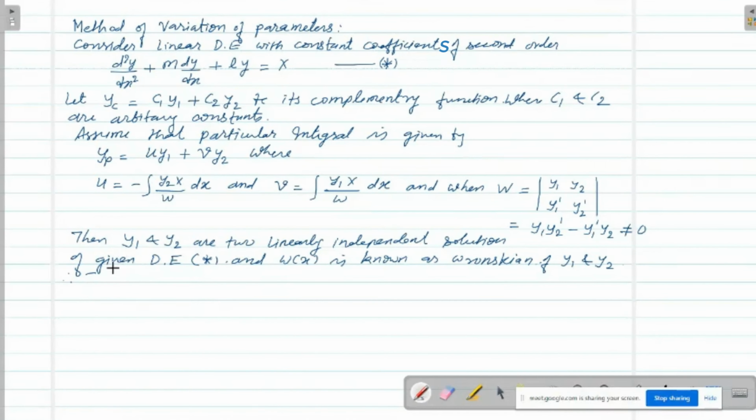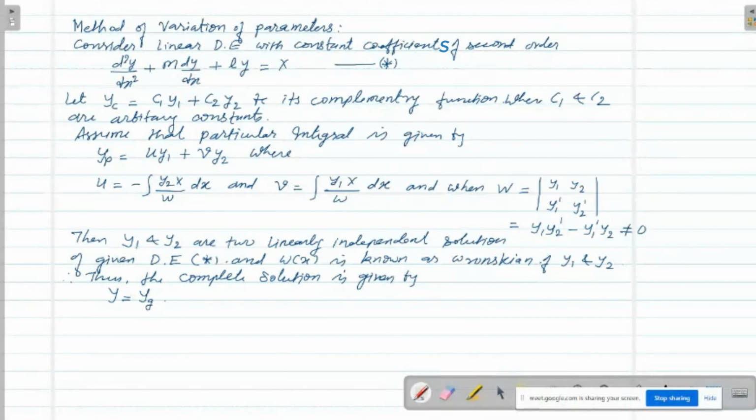Okay, so thus the complete solution is given by y equal to yg.